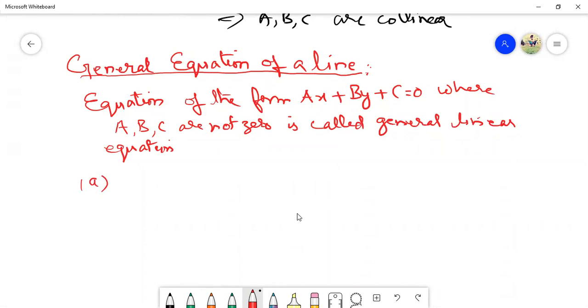First form, what was the first form? Slope intercept form. What was slope intercept form? Can anybody raise the hand to tell me what is the slope intercept form?